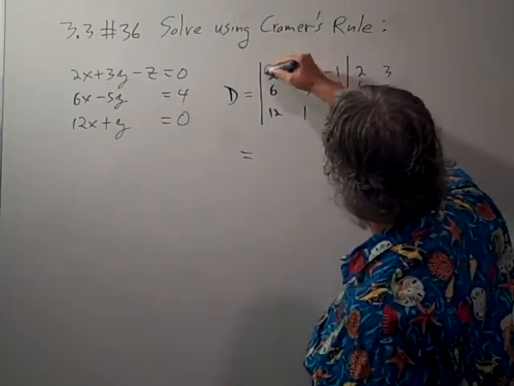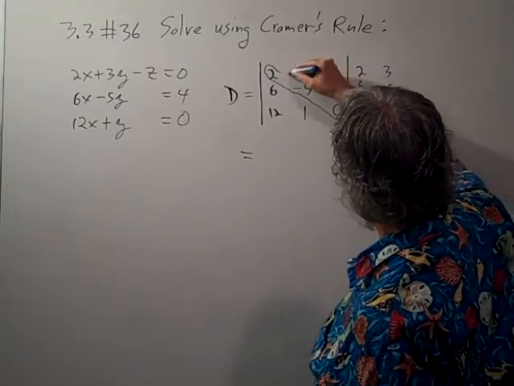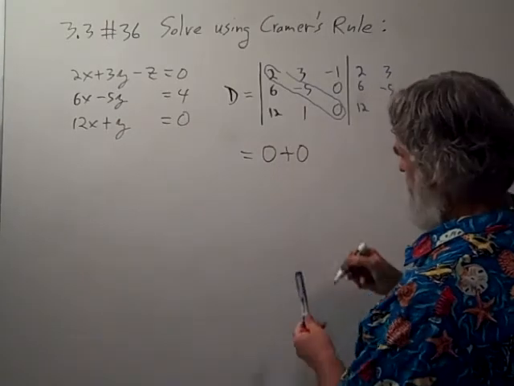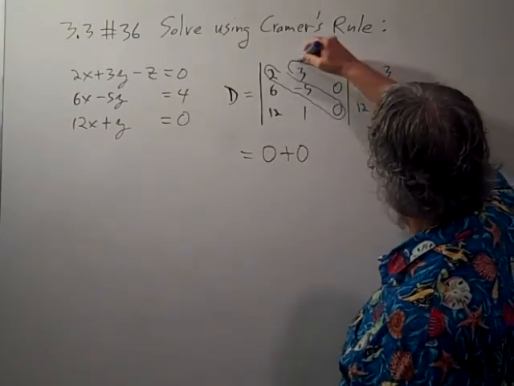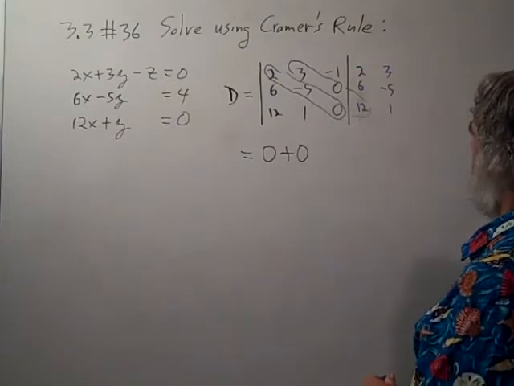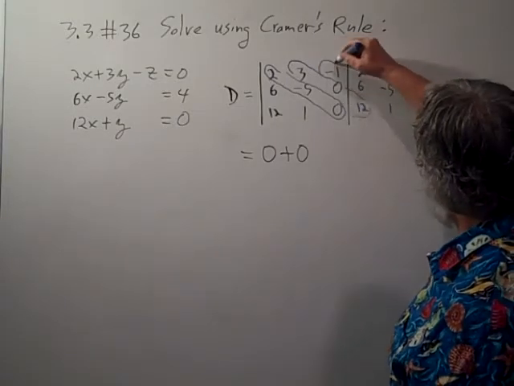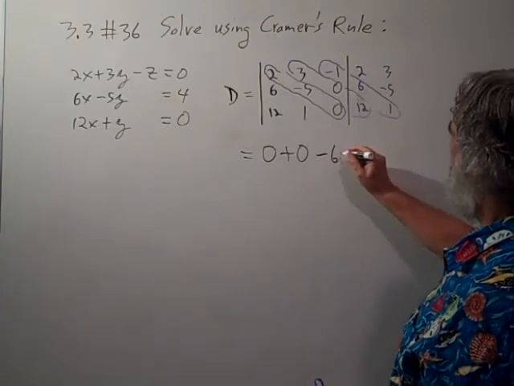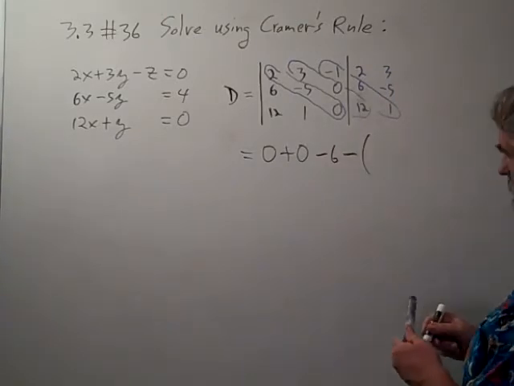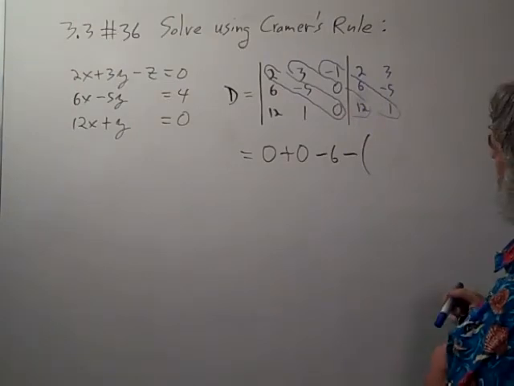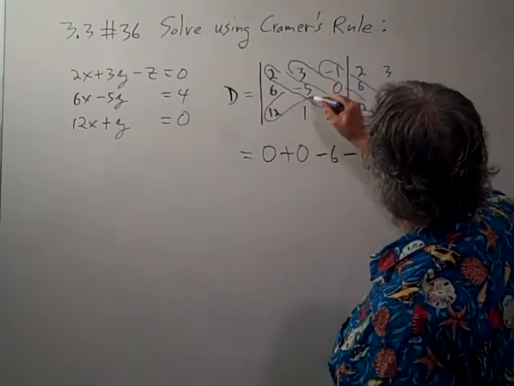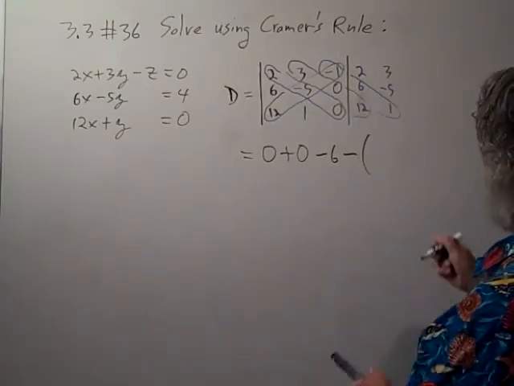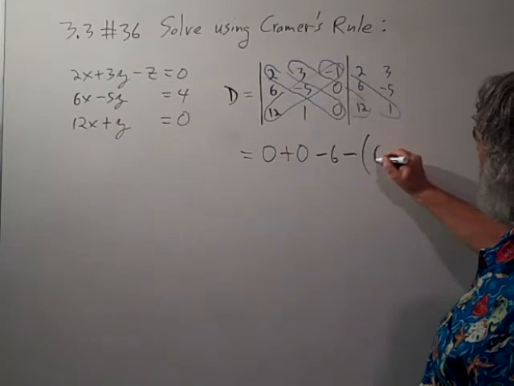So this one, 2 times -5 times 0 is of course 0. And the next one is also a 0 because we've got 3 times 0 times whatever is 0. And the last one is a -1 times 6 times 1, which is a -6. Then we subtract the products of the diagonals going the other way. So 12 times -5 times 1 is -60.